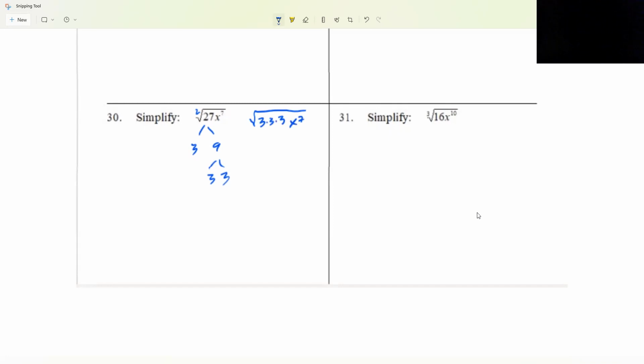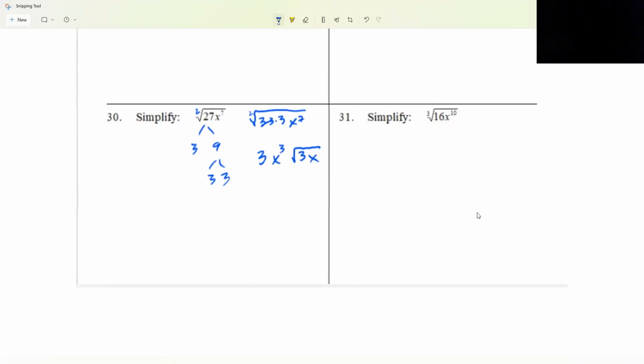Remember, usually the number is going to be the thing that takes you the longest. Since the index is 2, I'm looking for pairs. So there's a pair. Bring that out. Leave the 3, the 3 left over inside. 2 goes into 7 3 times with 1 left over.